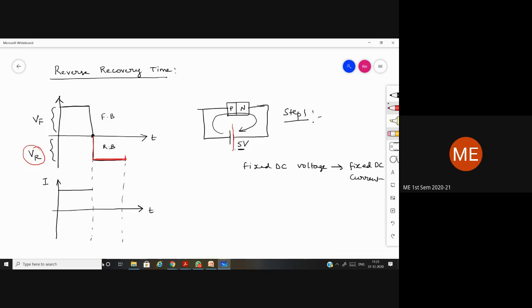When I give reverse voltage, what will happen to the p-n junction? This is our step 2. It was running in forward bias. Suddenly I'm reverse biasing it. Instead of plus 5, I'm giving minus 5. What will happen? Or what should happen according to you?